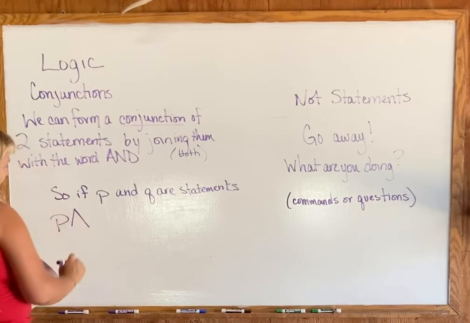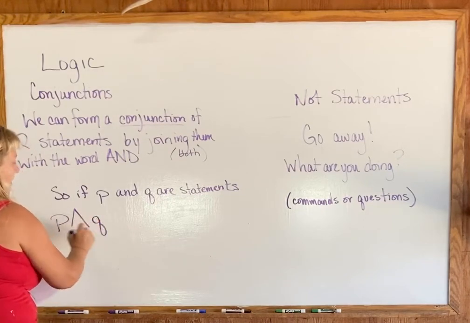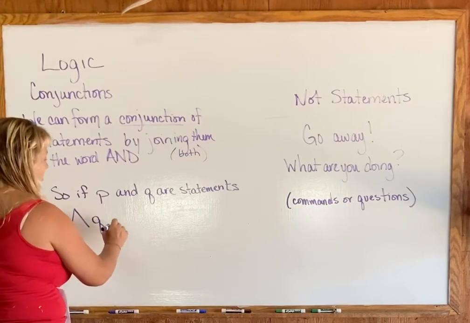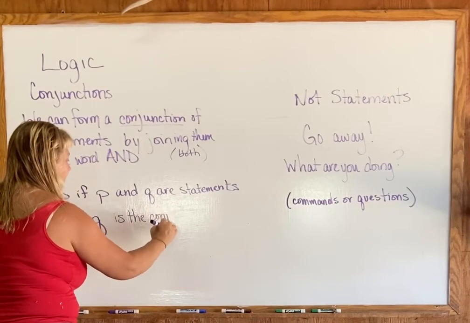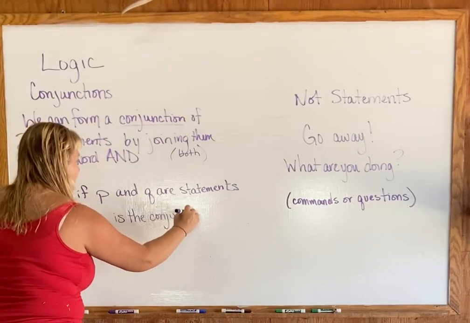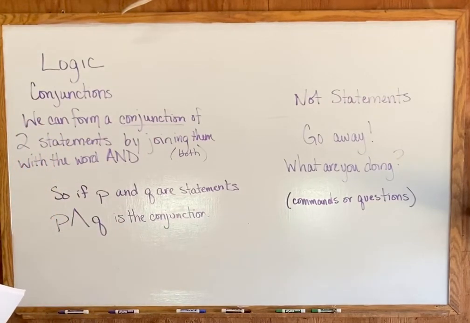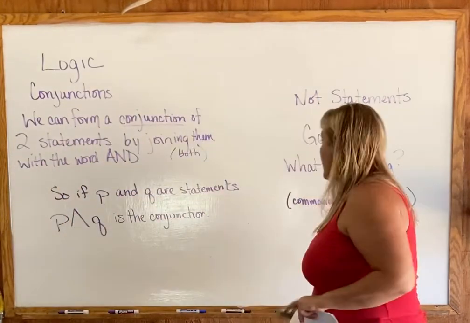P with this kind of carrot-looking thing, Q, that's the notation for conjunction. So, it's just said P and Q. Okay, so that little guy mathematically is the word and. P and Q is the conjunction. Okay, so conjunction means and.